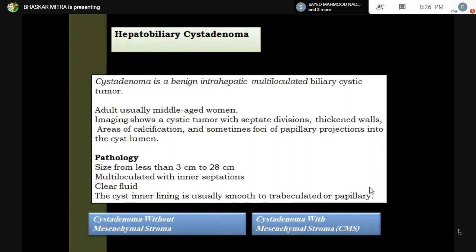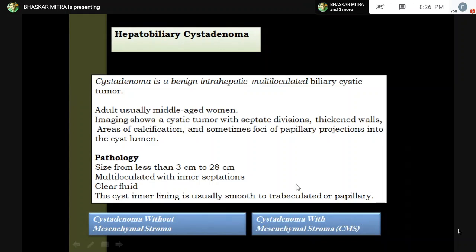Now, next comes the hepatobiliary cystadenomas. Cystadenoma is a benign intrahepatic multiloculated biliary cystic tumor that occurs in middle-aged women. They are usually multilocular. They may show a prominent mesenchymal stroma, or may be without a mesenchymal stromal component.